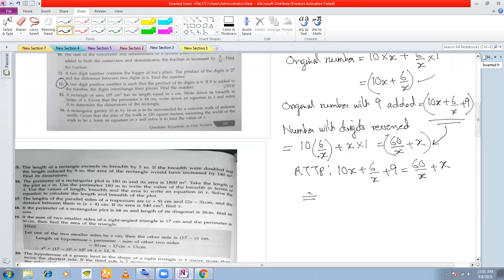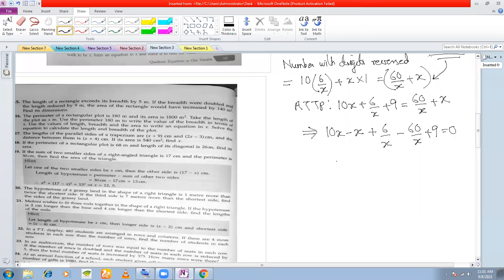Okay. Now you have to write this in a quadratic form and then solve it. So I take everything on the left hand side. I write this as 10x minus x plus 6 by x minus 60 by x plus 9 is equal to 0. That means you get 9x plus, if you take the LCM here, 9 minus 60 divided by x plus 9 is equal to 0.